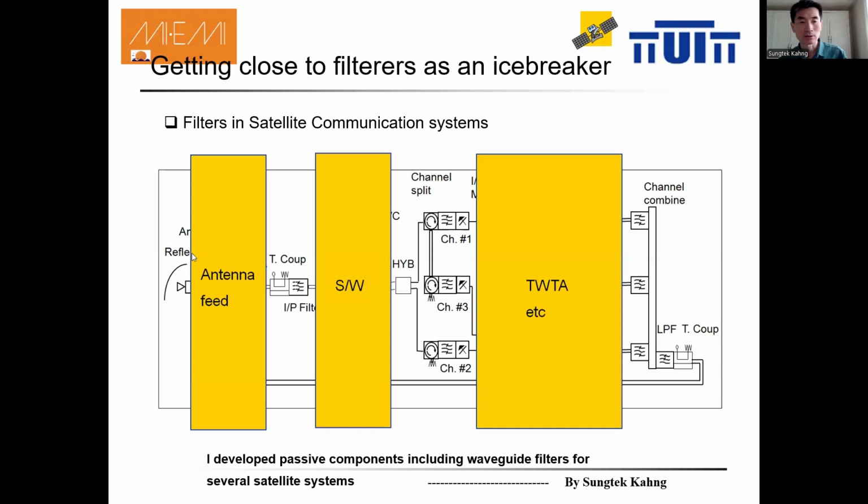As you see here, the antenna and the feed, this antenna system or radiating element, should work over a wide band. Why? In this system block diagram of my satellite, Koreasat number 5, there are two paths.